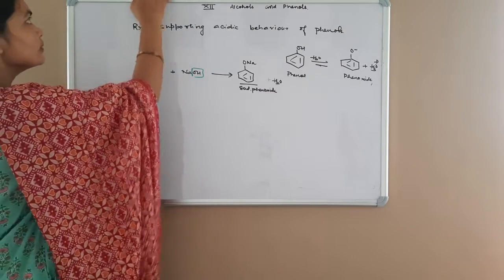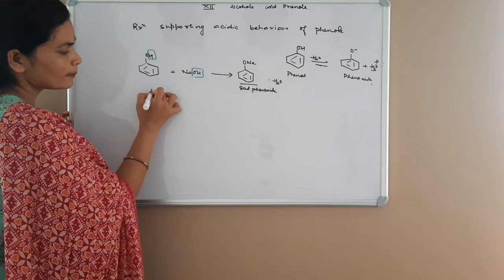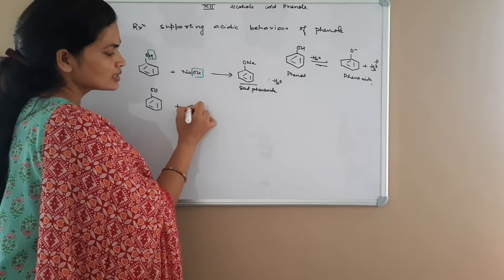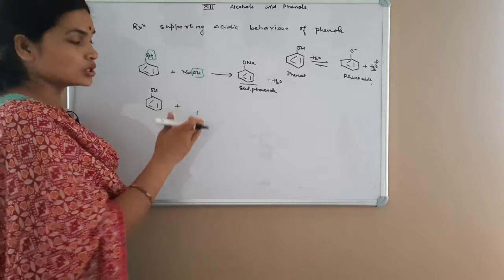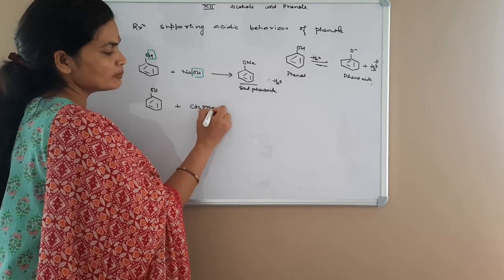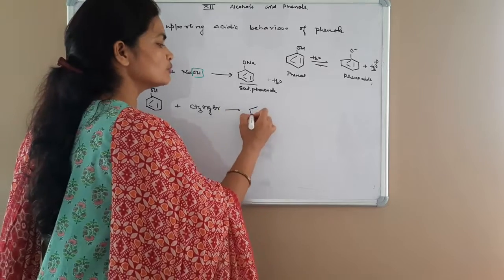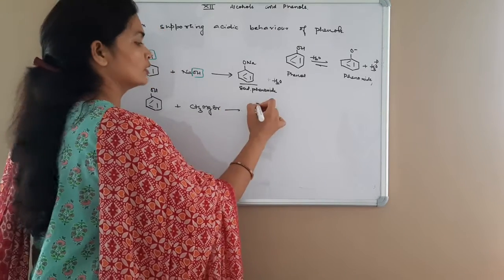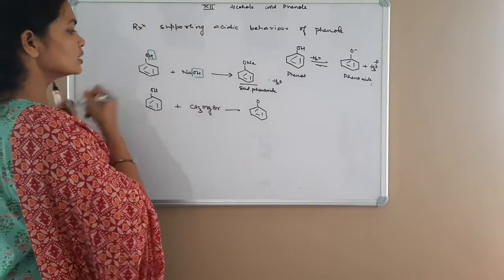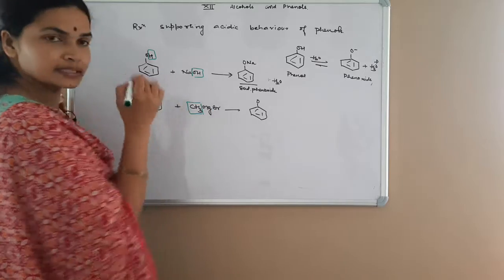Next reaction, what happens when we treat phenol with, let's say, Grignard reagent? If you treat this with Grignard reagent CH3MgBr, methyl magnesium bromide, the product we obtain would be O. Hydrogen of this goes with methyl of this, right?